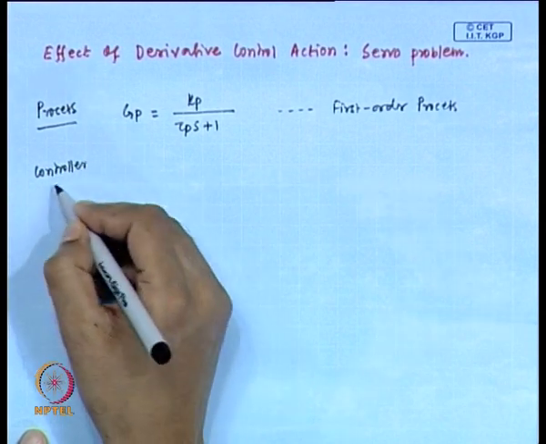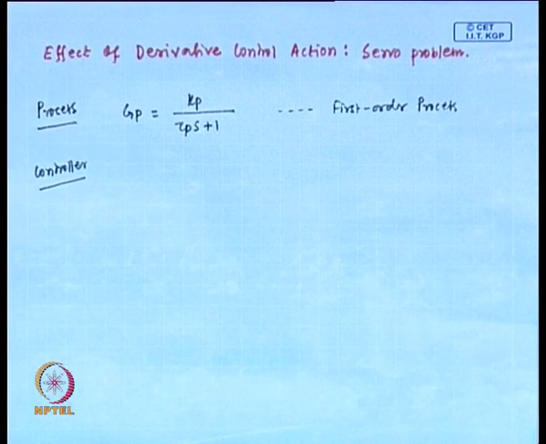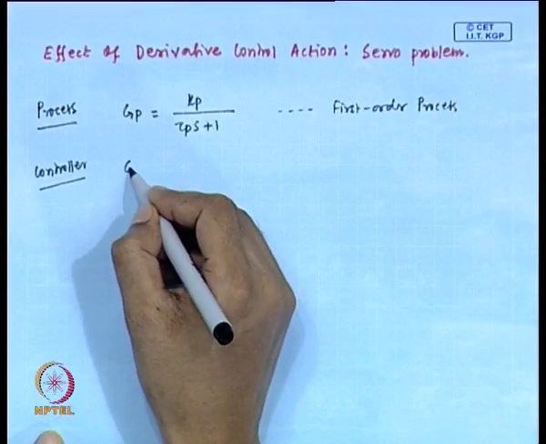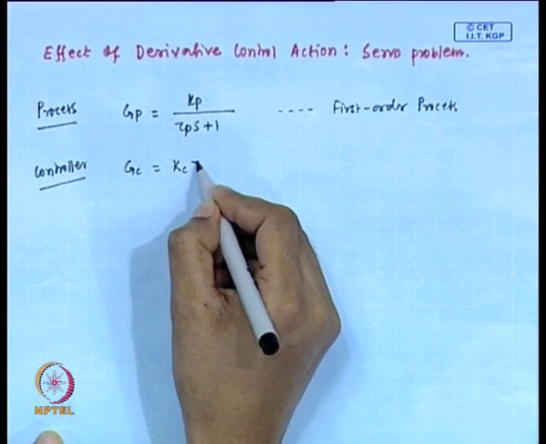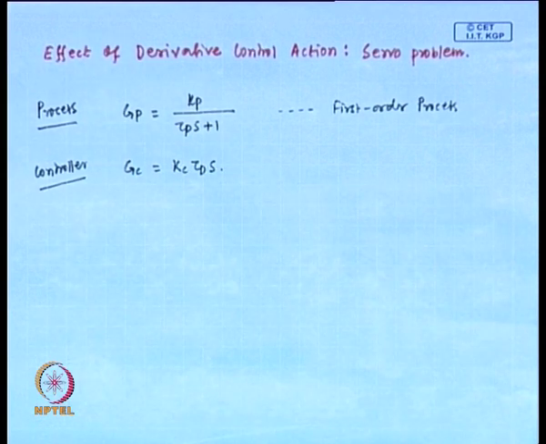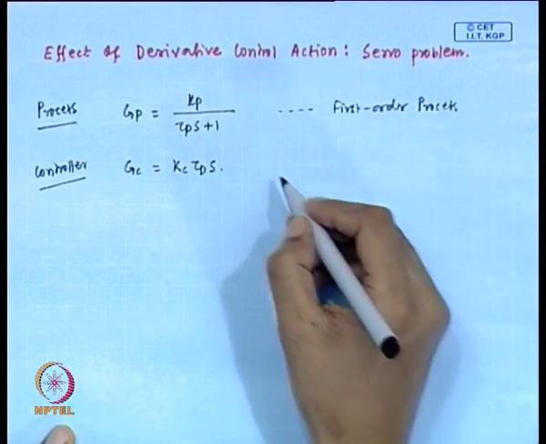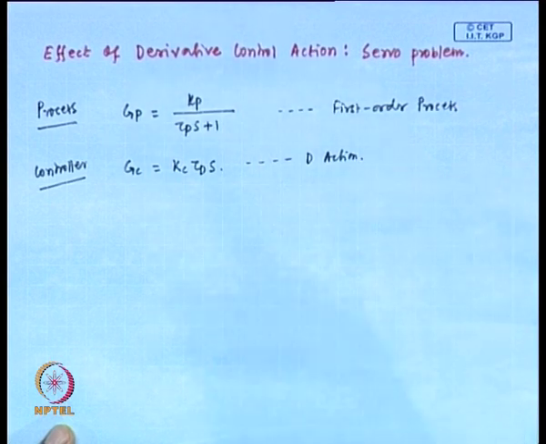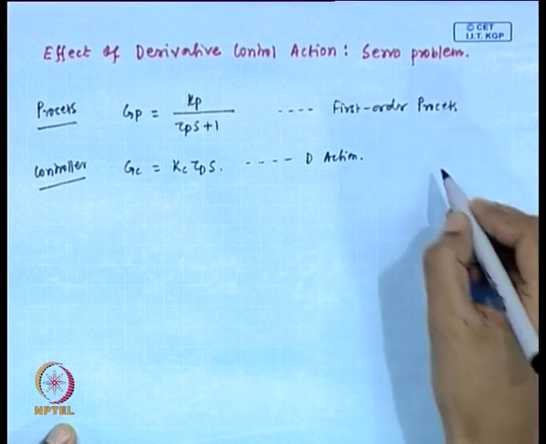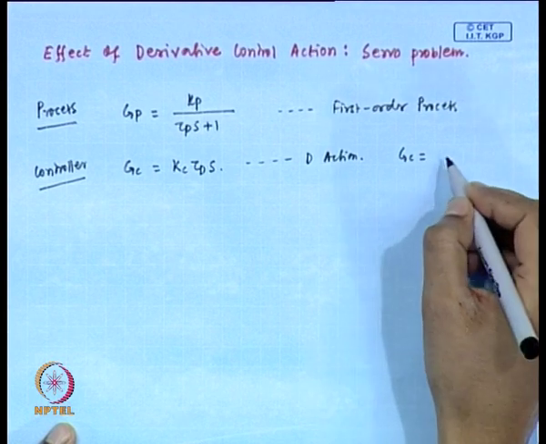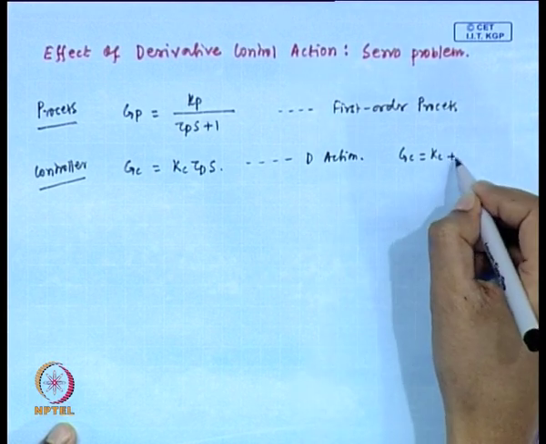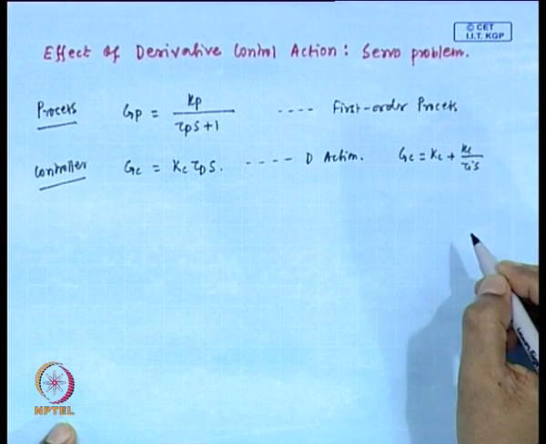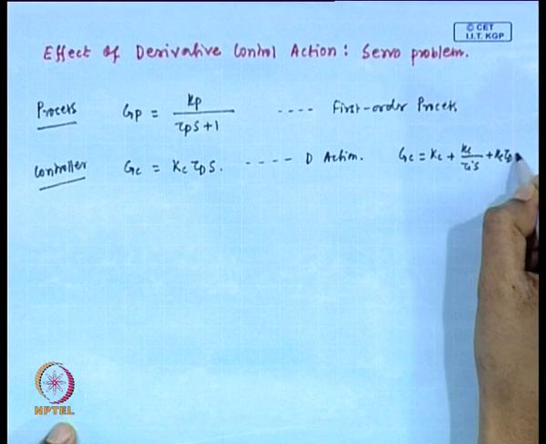Next element is the controller. Presently, we are discussing the effect of derivative action. So, the controller is only derivative controller. What is the transfer function of derivative controller? Kc tau d s. This is derivative action. Because the transfer function of PID controller we have written Kc plus Kc divided by tau I s plus Kc tau d s.